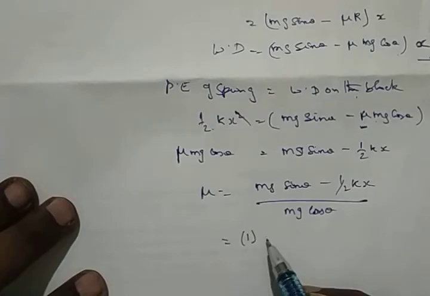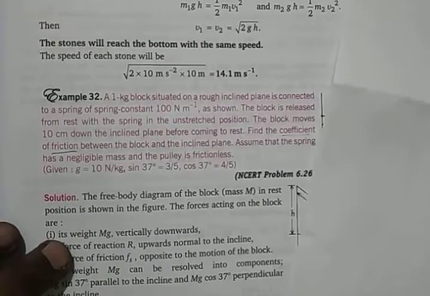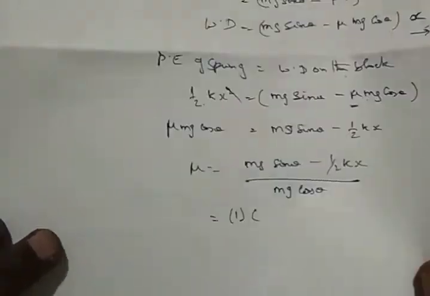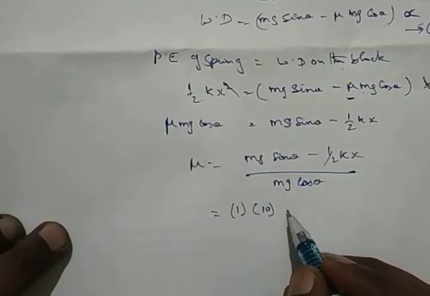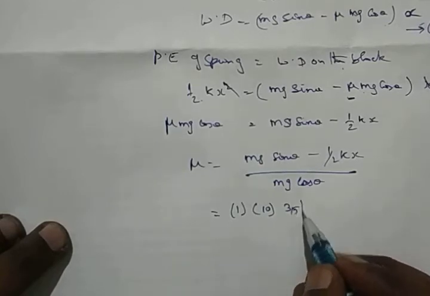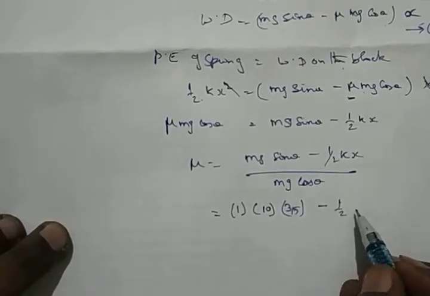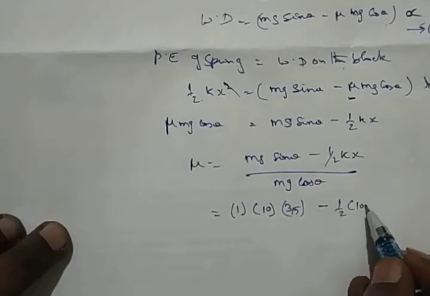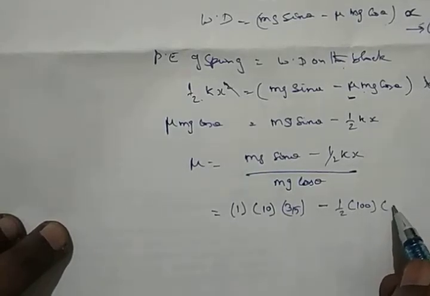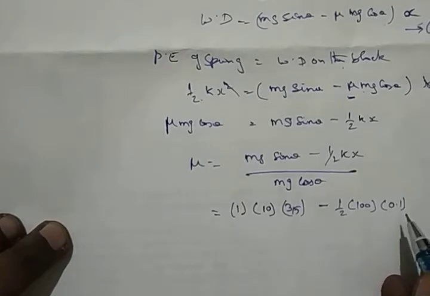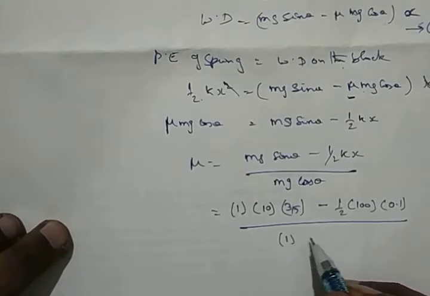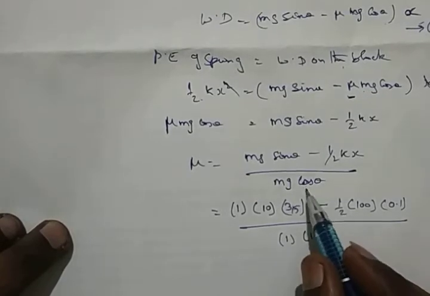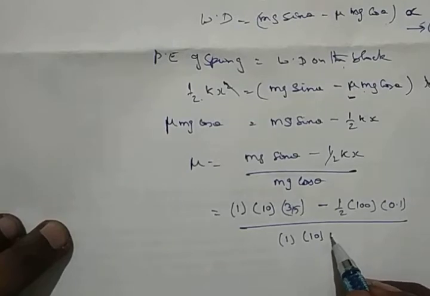Now put everything inside. This is 1 kg, and the value of g is given here as 10. Take g as 10. Sin 37 is 3 by 5, minus half into k is 100 and x is 10 centimeter, 0.1, divided by, again mass is 1 kg, g is 10, cos 37 is 4 by 5.